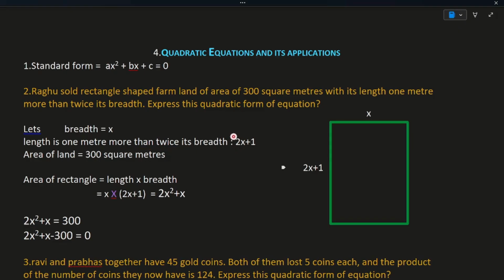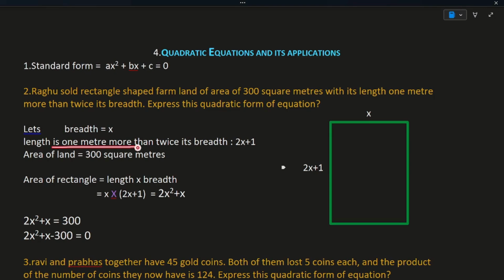Twice the breadth means 2 into x, 2x. Why 2x? Because we are doubling the breadth, so it will become 2x.